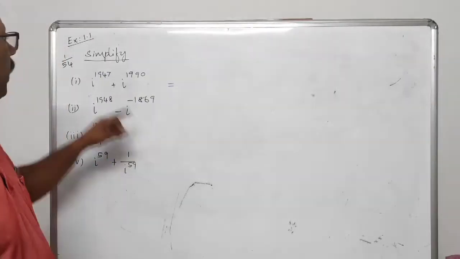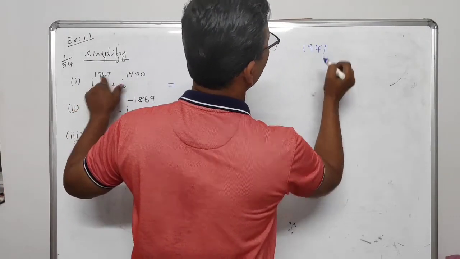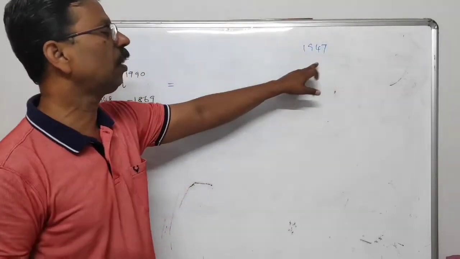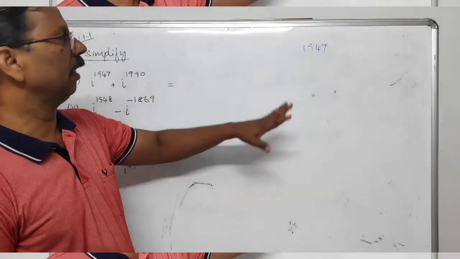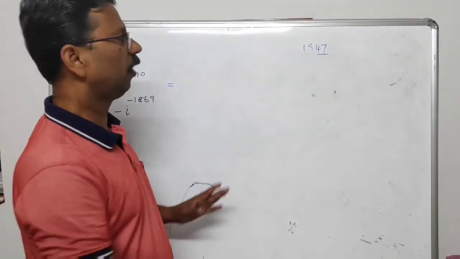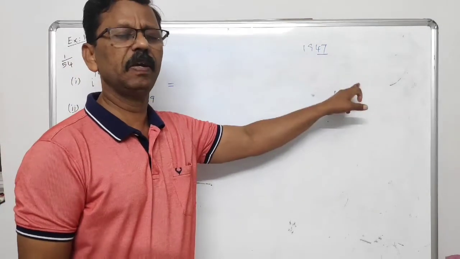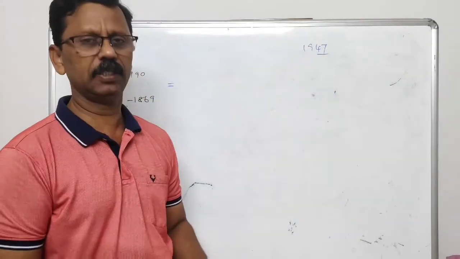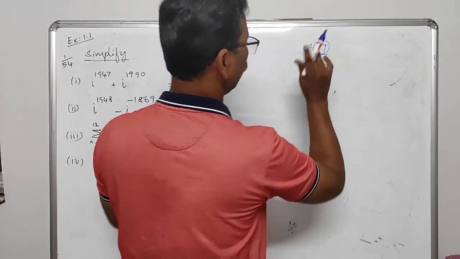That is 1947. Now you have to divide this by 4 and write the remainder only. How do you find the remainder? If the number is divisible by 4, whatever be the number of digits, whether 4 digit, 5 digit or 10 digit, you divide only the last 2 digits by 4, that's enough.